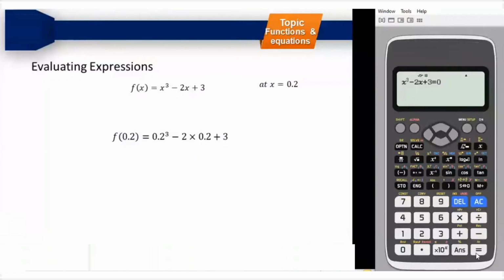When I press equals to, it gave me a syntax error, because instead of equals to, I have to press shift and calculate. When I write the equation on the calculator screen and I press this equals to button, the calculator will never give me the right answer. What I need to do is write the equation and press shift and calculate, which is solve.